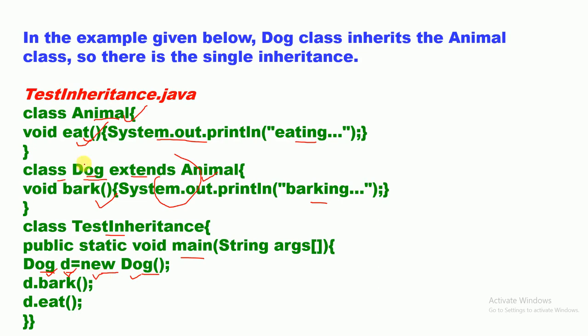Then we can call these methods. We can call both the methods, because as we know, dog has two methods, bark and eat. So d.bark(), d.eat(), and the output of this program will be barking and eating, not only barking, both.